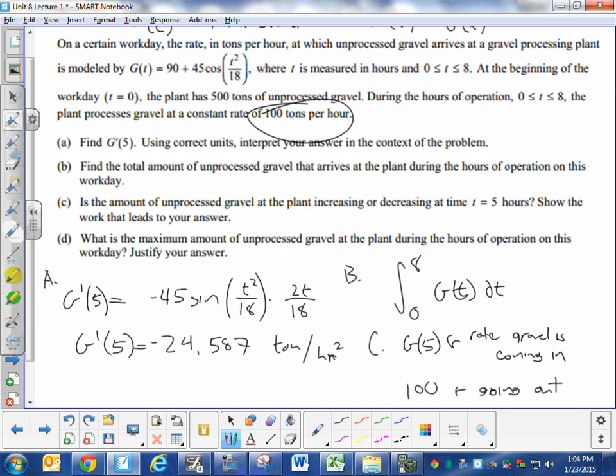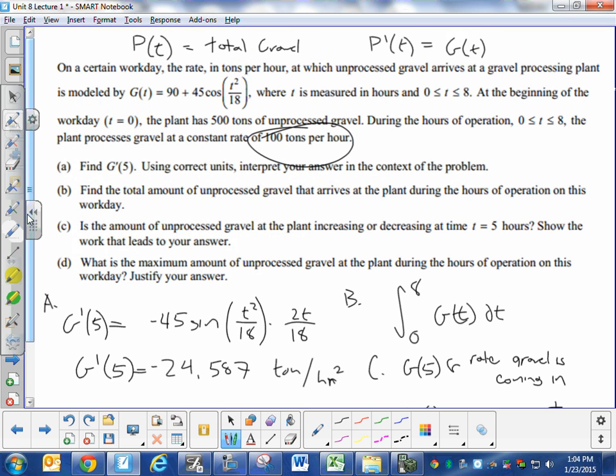Find the relative extrema, right? How do you find the relative extrema of something? Well, the derivative equals 0. So if I want to find the maximum amount of gravel, this is the total amount of gravel, P of t. I've got to figure out when P prime is equal to 0.